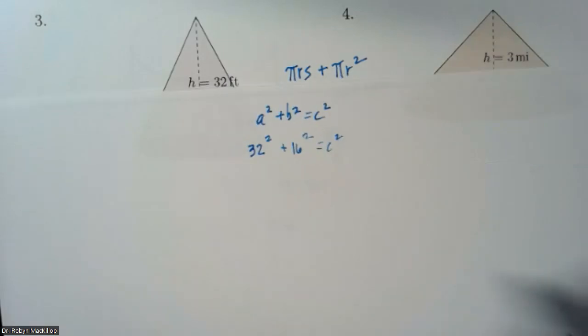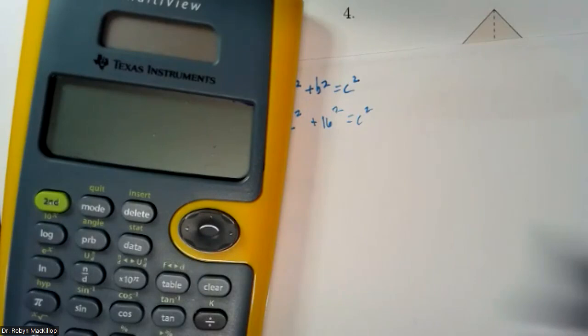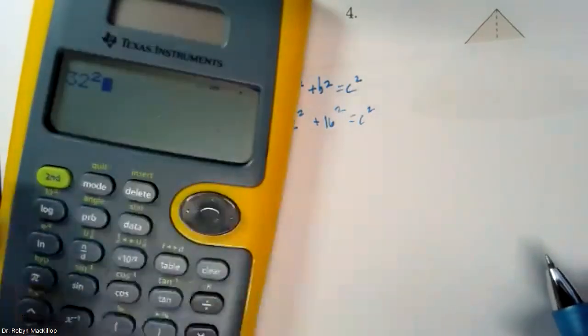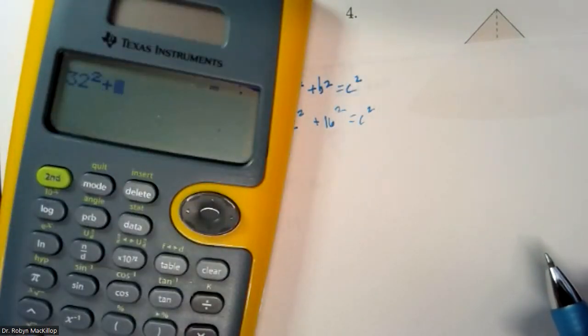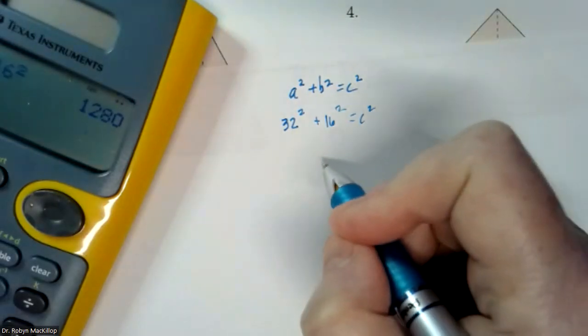All right, I need my calculator because I could not do that in my head if I wanted to. So 32 squared plus, we're on Pythagorean theorem, plus 16 squared is 1280.